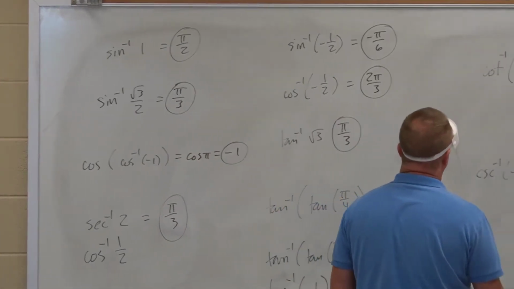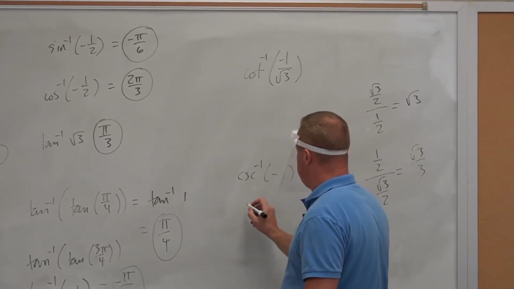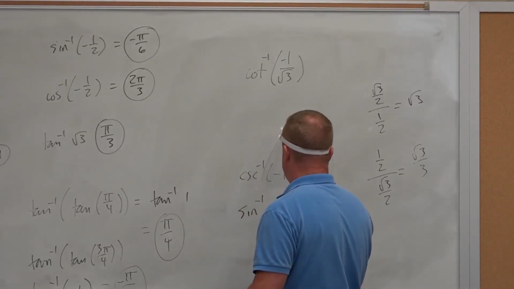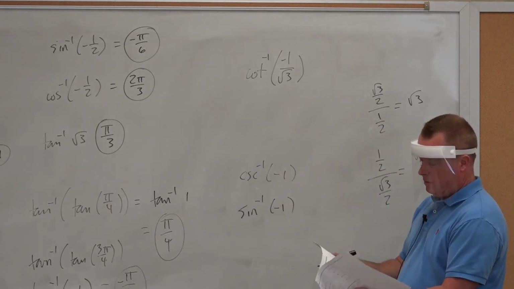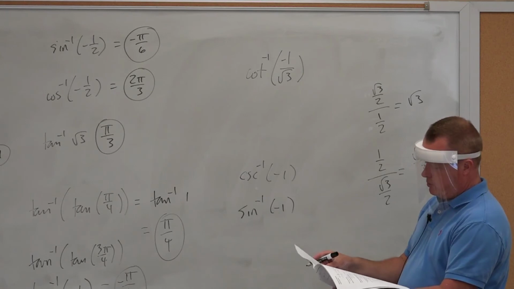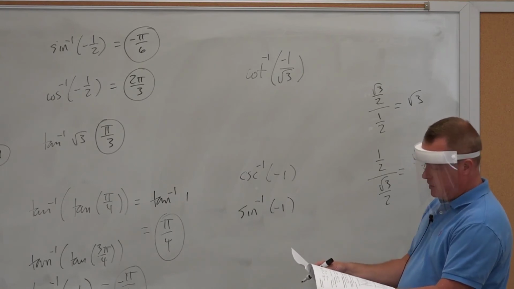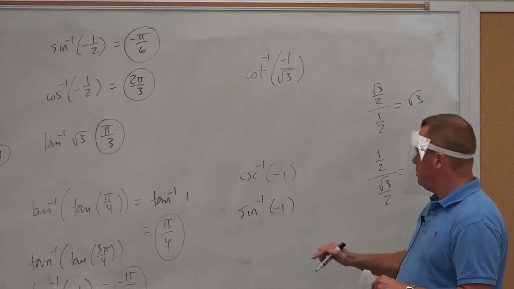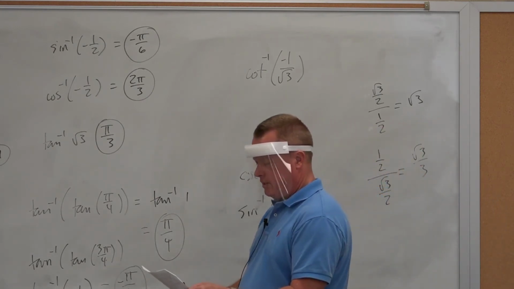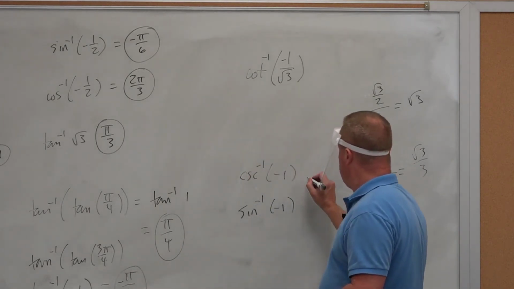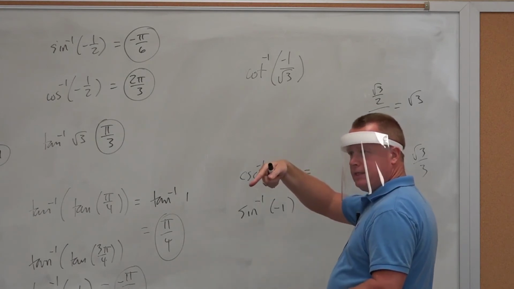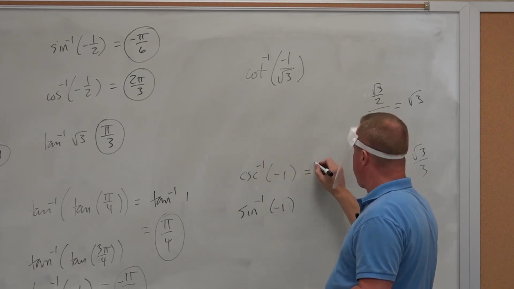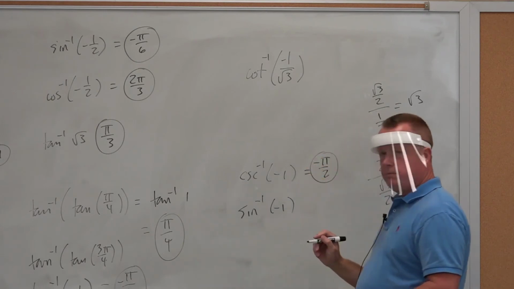Cosecant is the inverse of sine, so that would be inverse sine of negative 1. Let me be sure I've got the quadrants right on that. Cosecant is the same as sine. So what would inverse sine be there? Is it negative pi over 2 at the bottom? That's where the y is negative 1. Questions about that?